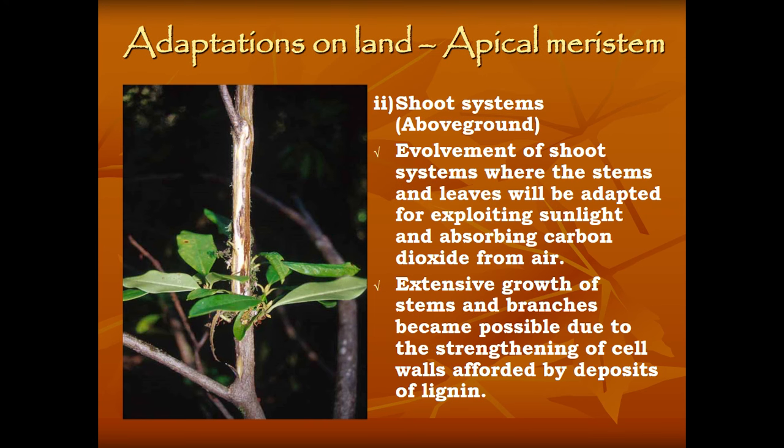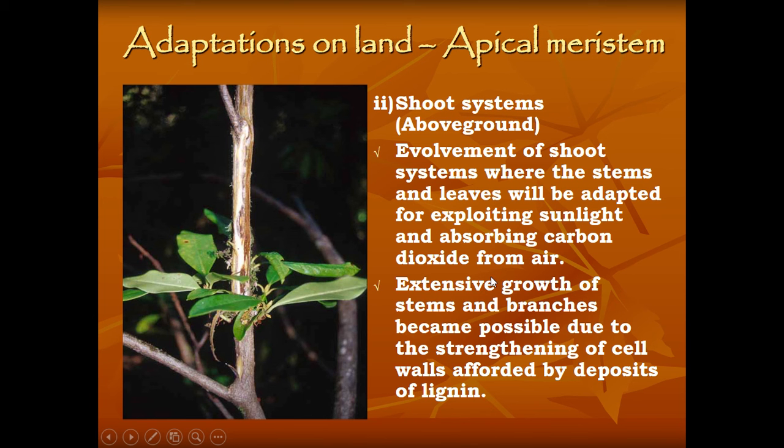Next, the apical meristem, which is the shoot system, is one of the adaptations on land. The shoot system is located above the ground, where the stems and leaves are adapted for exploiting sunlight and absorbing carbon dioxide from the air.